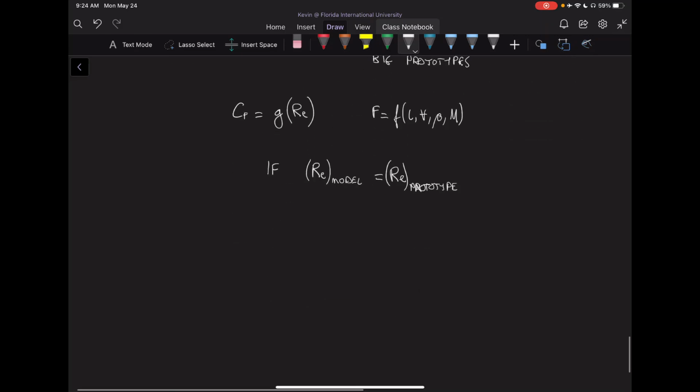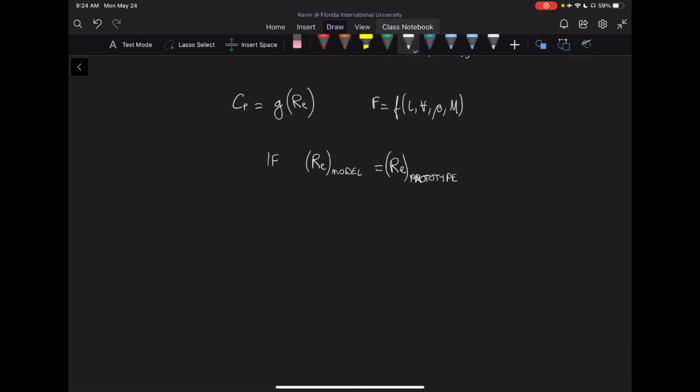And so you can say that if Reynolds of model is equal to Reynolds of prototype, that means that the coefficient of force of the model, and I'll put M for model, is equal to CF, the coefficient of force of the prototype.